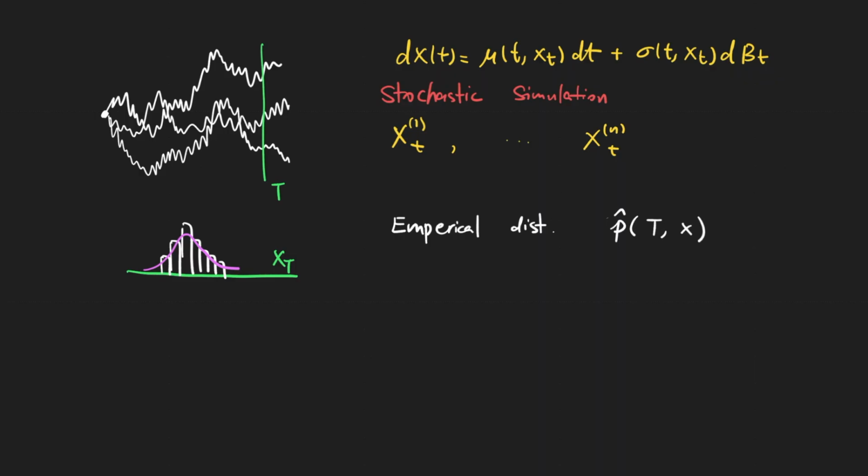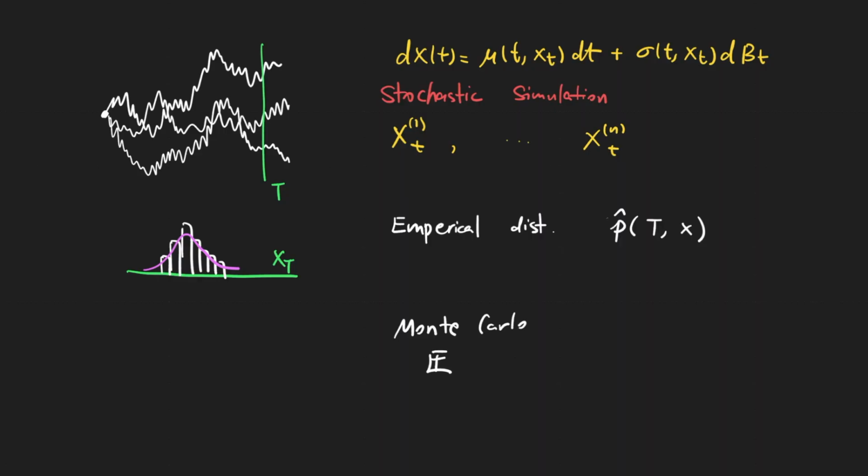Another application of stochastic simulation is the Monte Carlo approach. The idea is that if we want to take the expectation of something, we can just directly take the average using the simulation. This is related to option pricing.